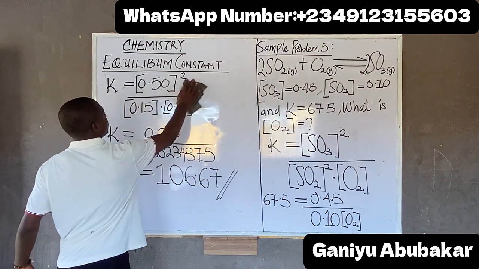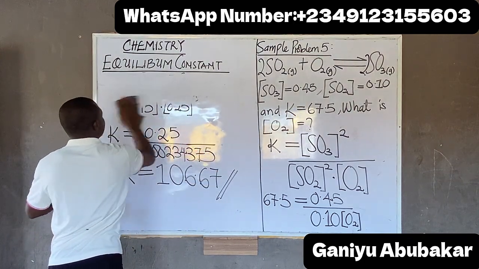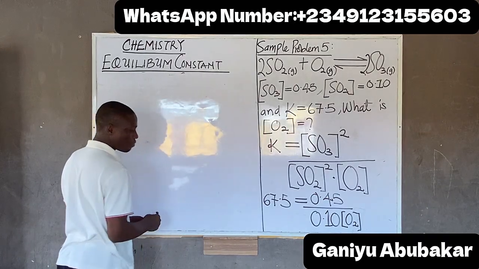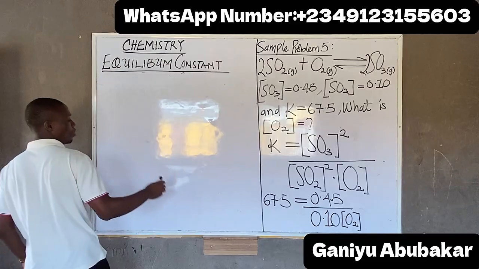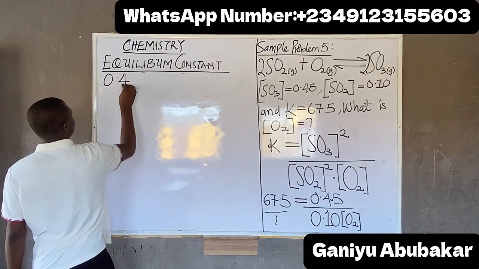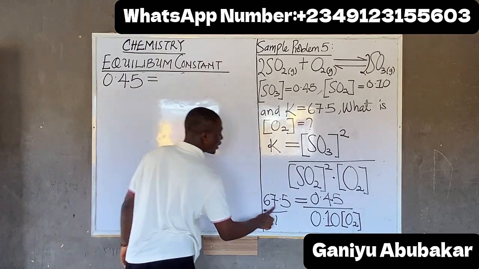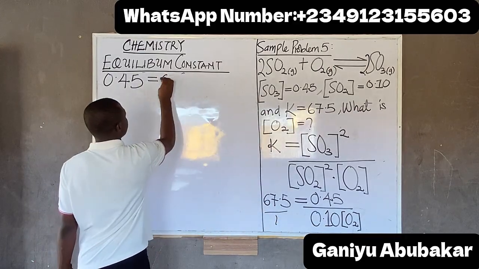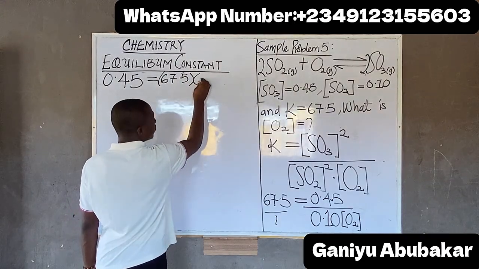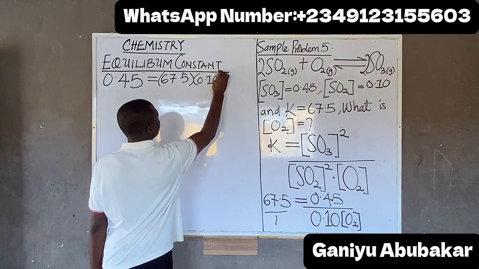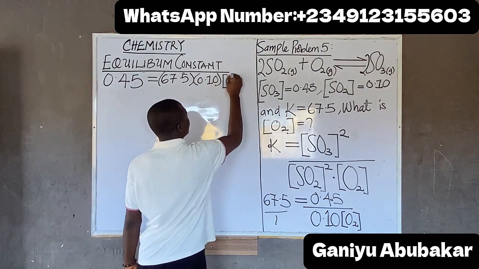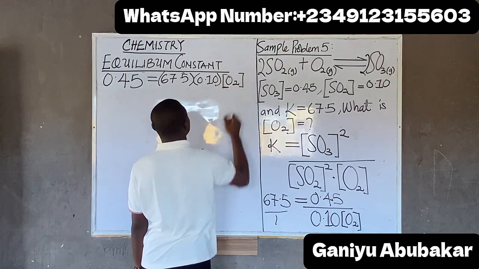So I'll be having, of course, the invisible 1 is here. So this times 1 gives you 0.45 to be equal to this times this, that gives you 67.5 multiplied by 0.10 multiplied by what there is, oxygen O2. Alright.